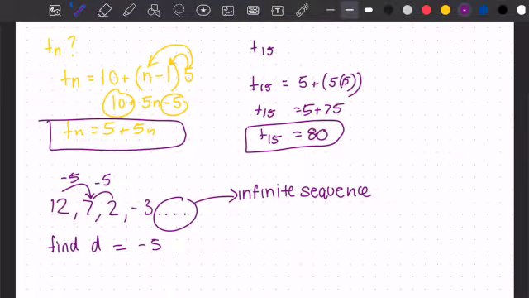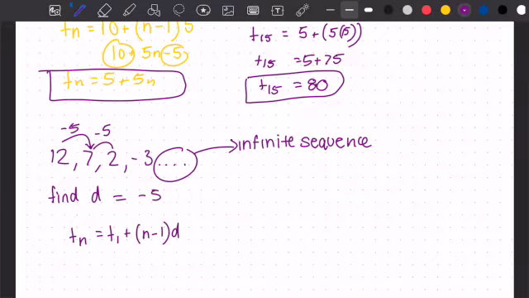Or you can put it into our equation. Tn equals T1 plus n minus 1 times D. If I want to find my D, I'm going to pick the second term.